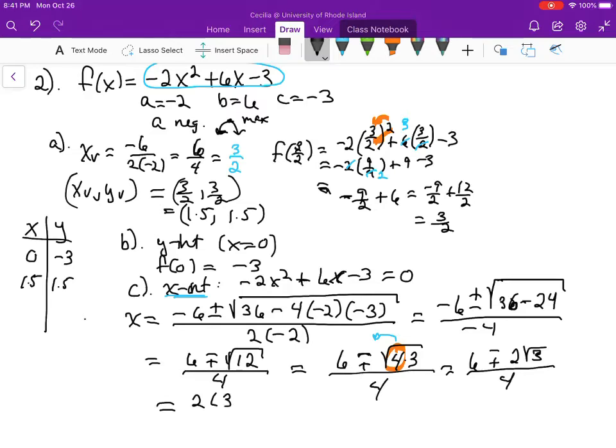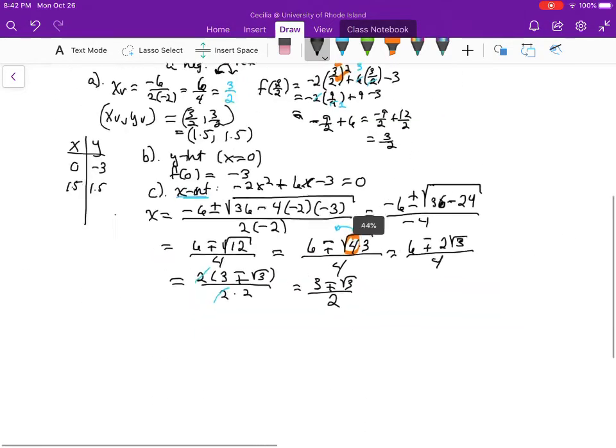We'll pull out a 2, leaving a 3 minus or plus the square root of 3. In the denominator, we have a 2 times 2, right? That's 4. So we're going to cancel out this hidden form of 1. And we're just going to get that we have 3 minus plus the square root of 3 all over 2.